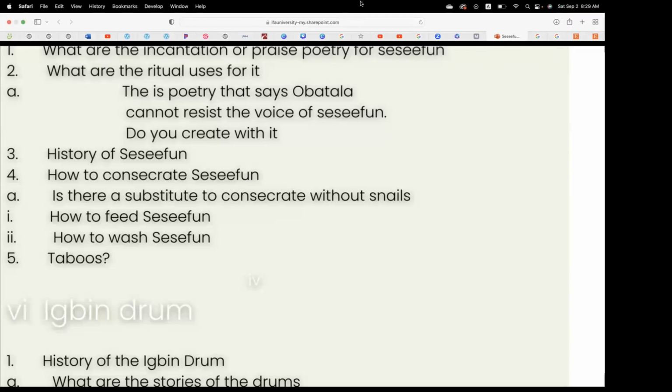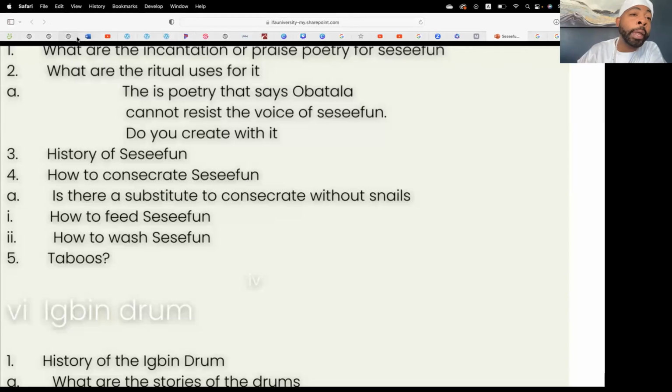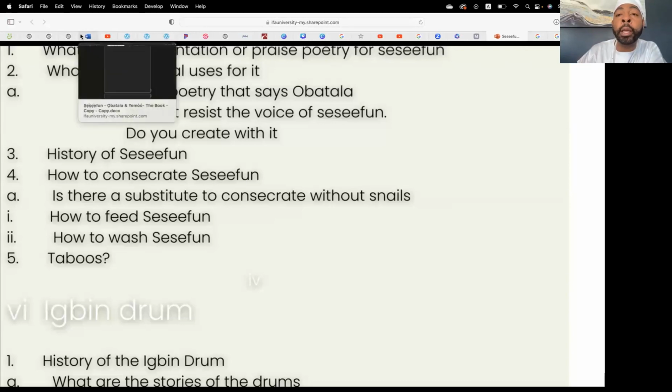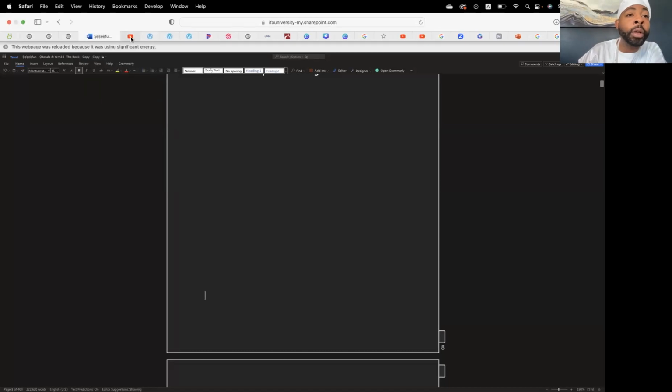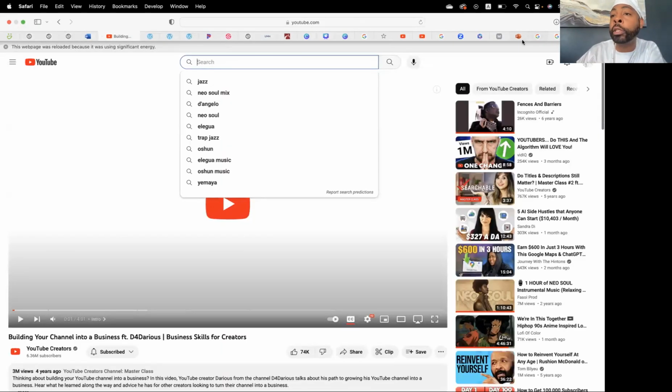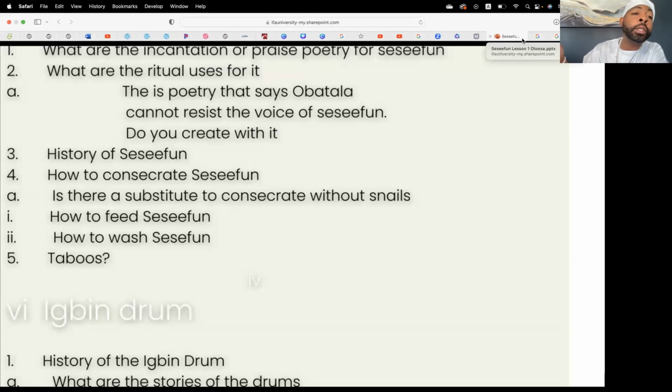This is the main reason why we're doing what we're doing here. I got a good amount of pages typed, and these came from firsthand experiences, interviews, and the essays themselves, and this is what we're composing now. Looking at the page here, we have well over 400 or 500 pages just on Obatala alone before we get to the other deities.